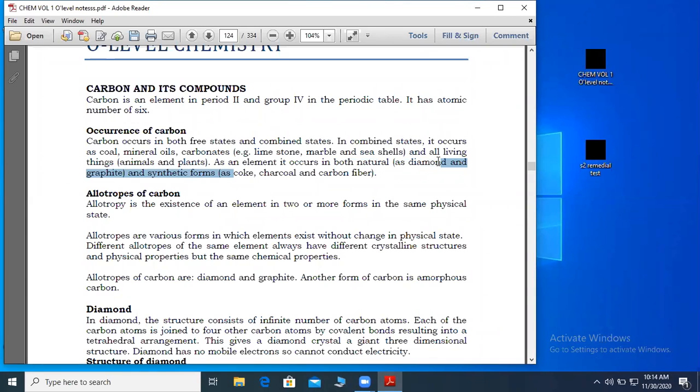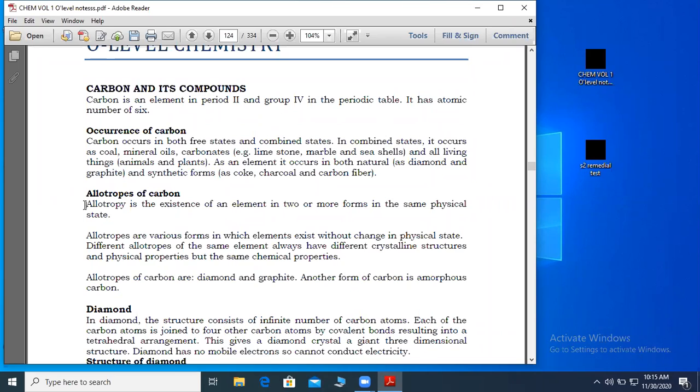Allotropes of carbon. I want everyone to get a pen and a book. We note down something. And when I tell you to note down something, it means I will ask you in the assignment. I think you already have a pen.